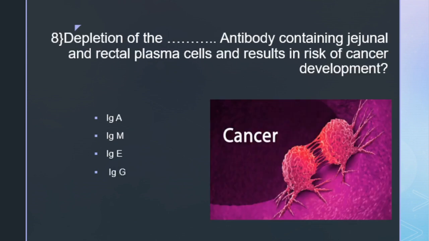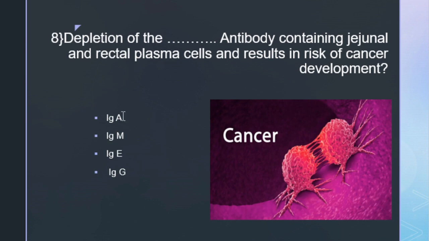Next question is, depletion of which antibody containing jejunal and rectal plasma cells results in the risk of cancer development? First option is IgA, second IgM, IgE and IgG. So which are the antibodies which contain jejunal and rectal plasma cells, and a decrease in their numbers corresponds to cancer development?